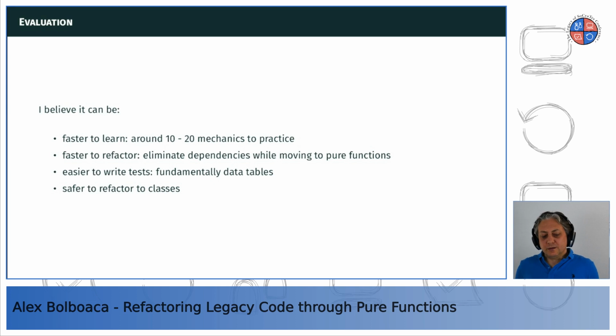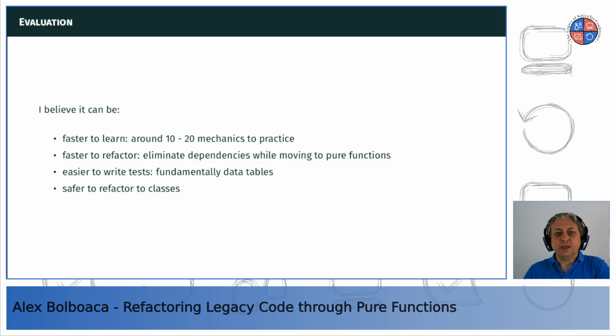So, in conclusion, what I believe is that this technique, again, I'm still working on it, can be faster to learn. This was my primary goal. I want something that is mechanical, but something that I can teach developers so that they can deal with the reality of the existing code that they wrote or other people wrote.